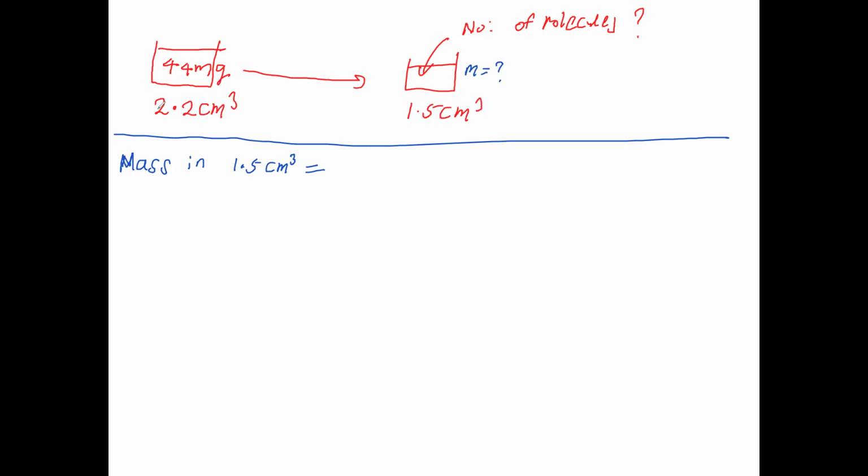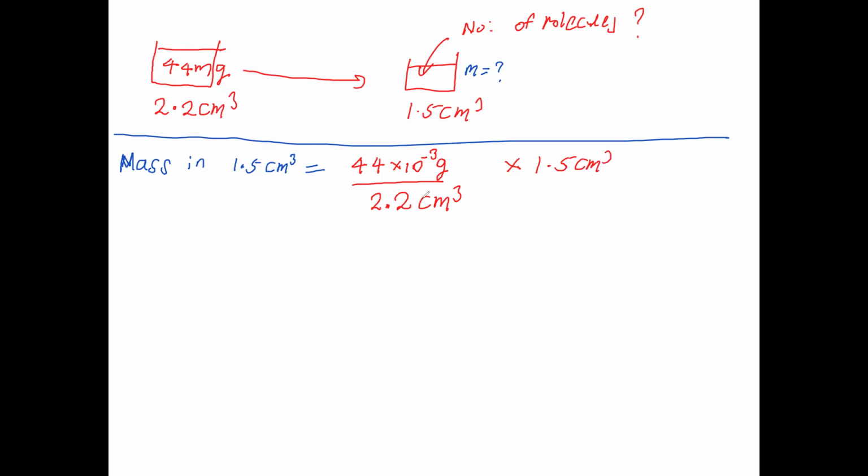They say that 2.2 cubic centimeters is 44 milligrams. 44 milligrams means 44 times 10 to the power minus 3 grams. This is in 2.2 cubic centimeters. If 2.2 cubic centimeters has this much, then how much is there in 1.5 cubic centimeters? How do you find it?